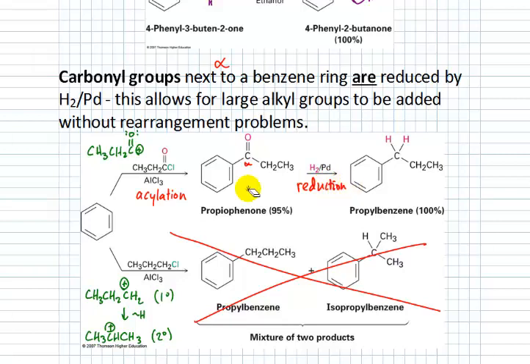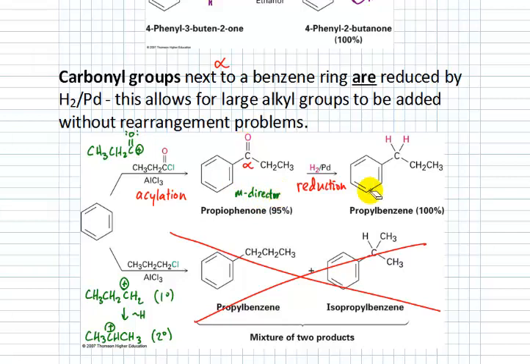So the other useful thing about this is I can control whether a group I have on a ring is a meta-director or an ortho-para director. This propiophenone here, the carbonyl-containing compound, is a meta-director, because it has a C double bond O next to the ring.